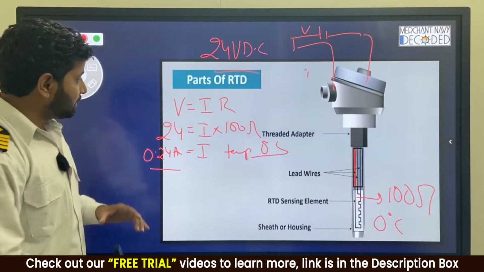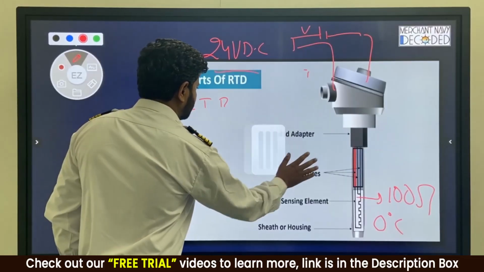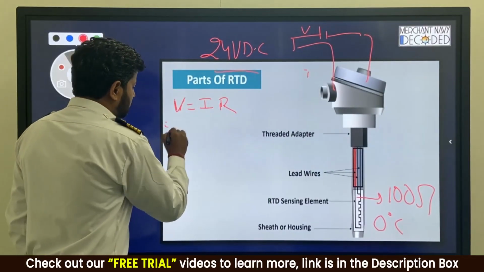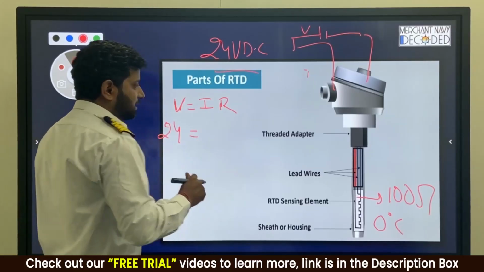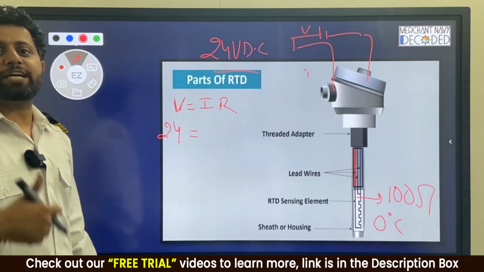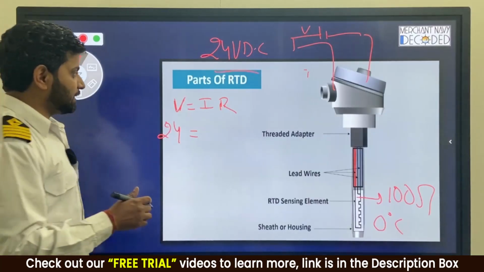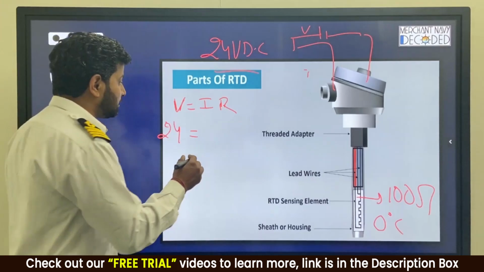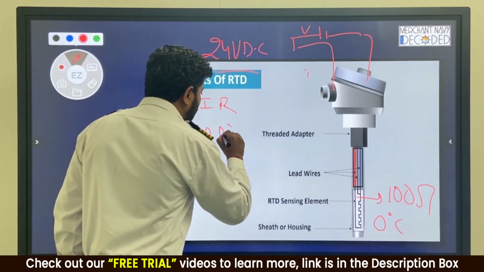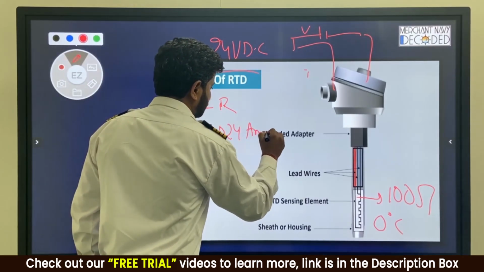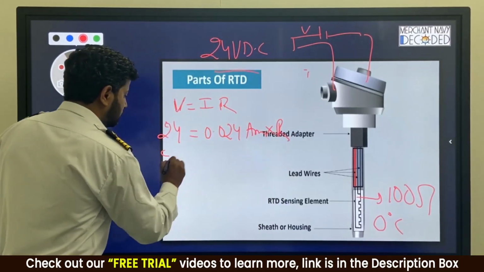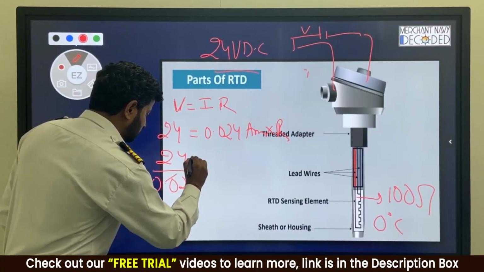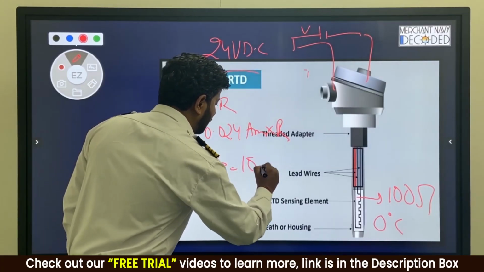But now V is constant, 24 volt DC, but we see that the current has changed, and this current has become 0.024 amps. So how much will be the resistance? 24 divided by 0.024, 1000 ohm.